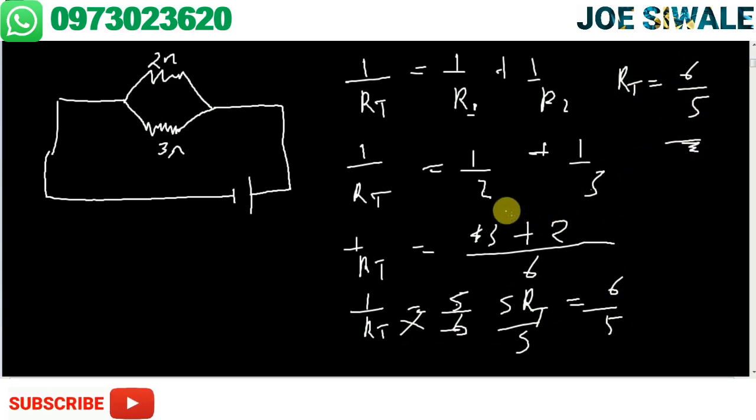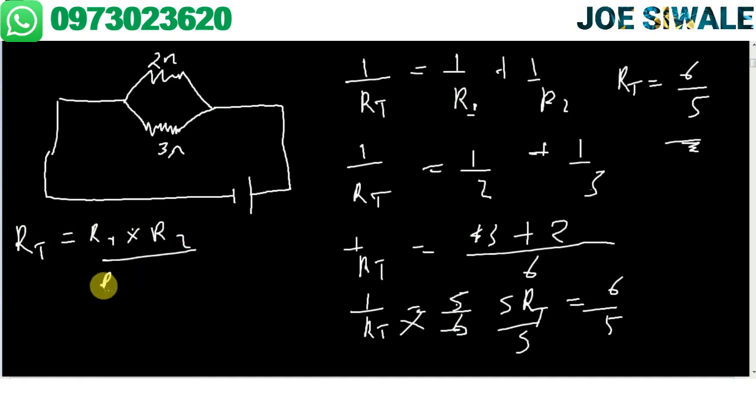So let us prove it by using the other formula that I had given. The other formula, we're going to say total resistance goes to resistance 1 multiplied by resistance 2 divided by resistance 1 plus resistance 2. So resistance 1, we know that's 2 multiplied by 3 divided by 2 plus 3.